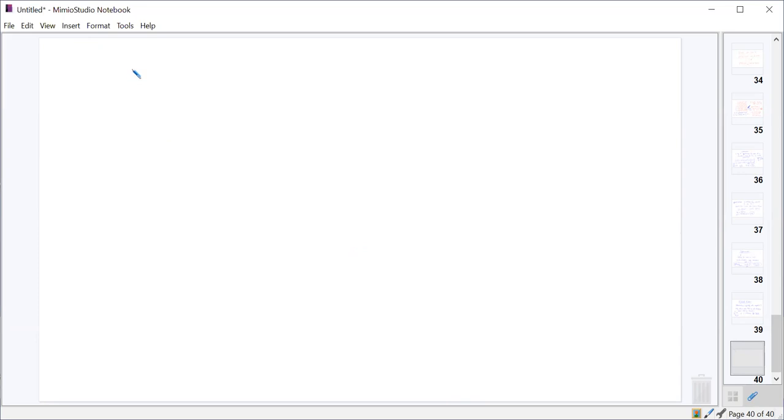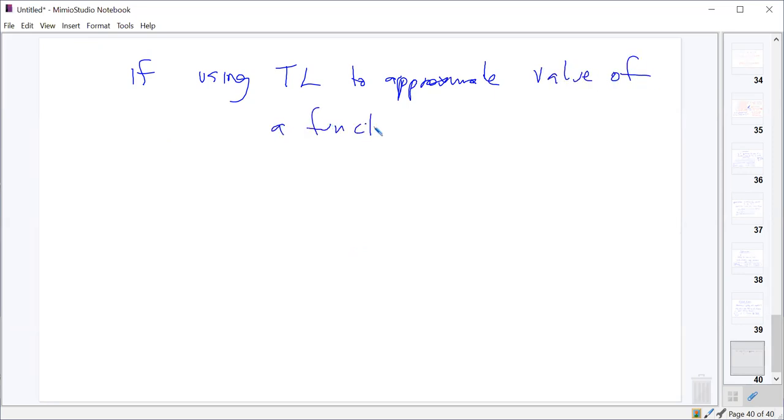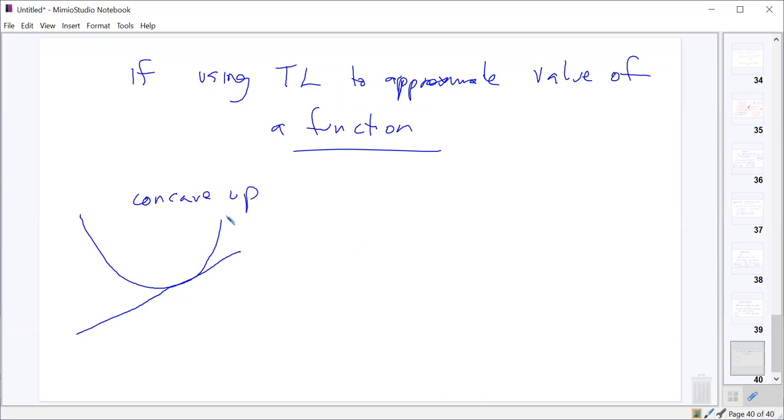If you are using a tangent line to approximate the value of a function, and that function is concave up, your tangent line approximation is less than the true value.